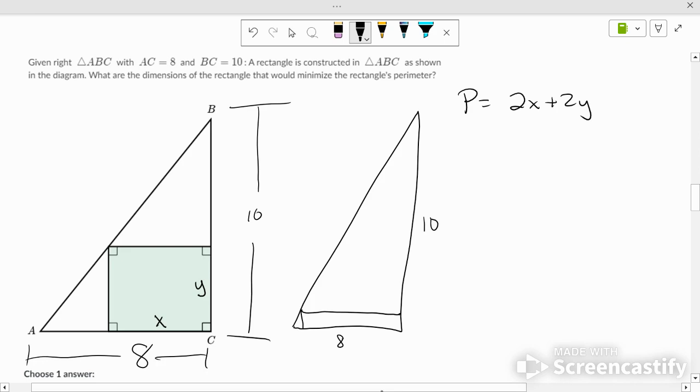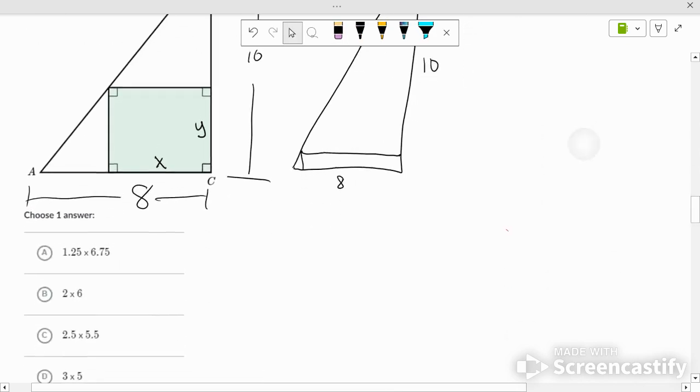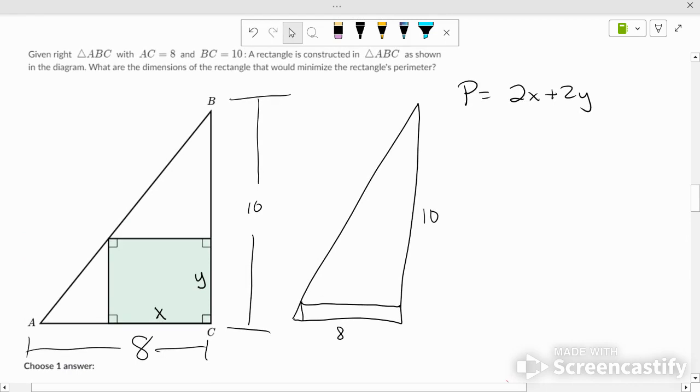But it has to touch, so it has to deal with, all right, now I have to think a little bit. Got to remember how to do this one. Because this has to touch, so that changes what the height and length of it is, because it depends upon this, which I'm thinking is to do with the Pythagorean theorem.